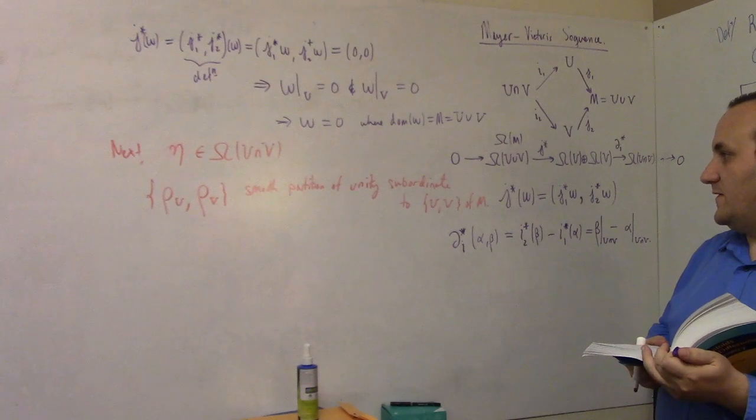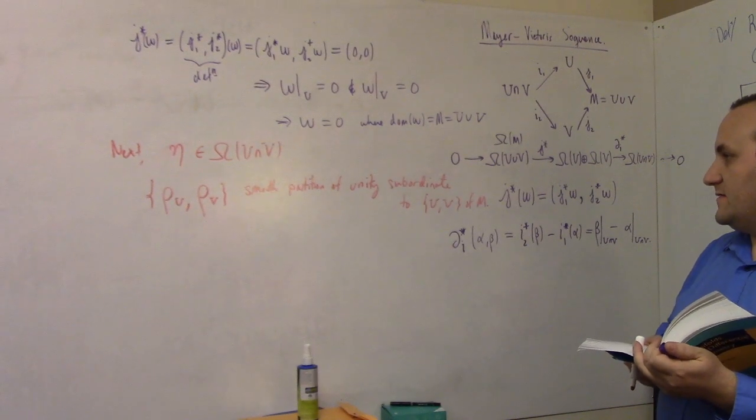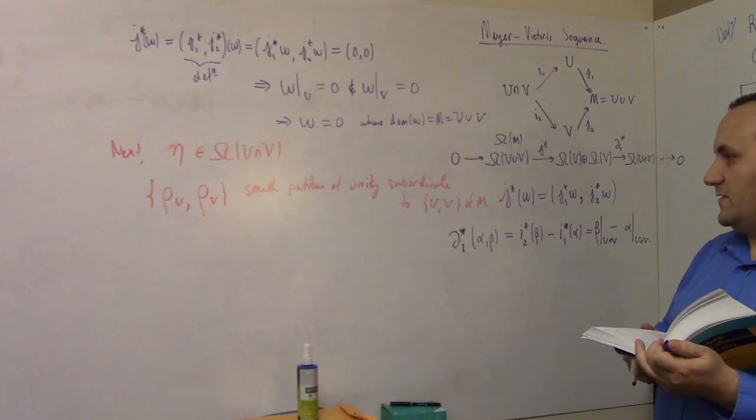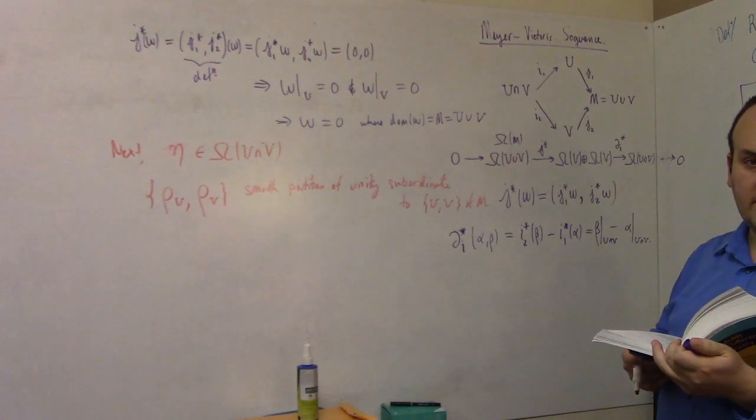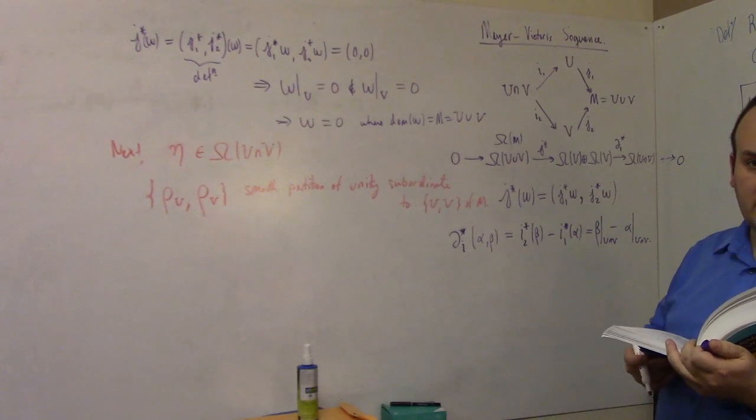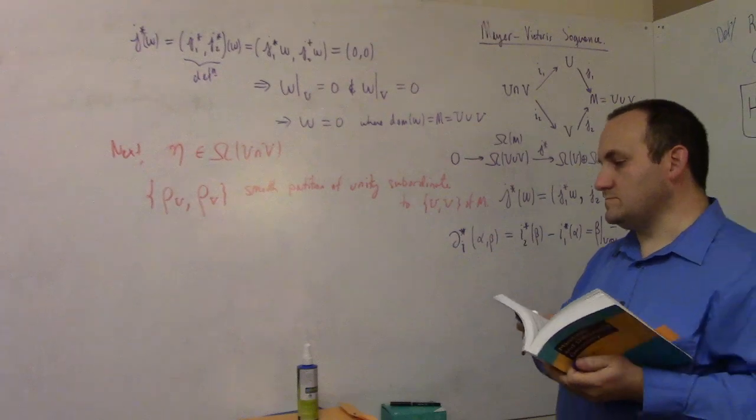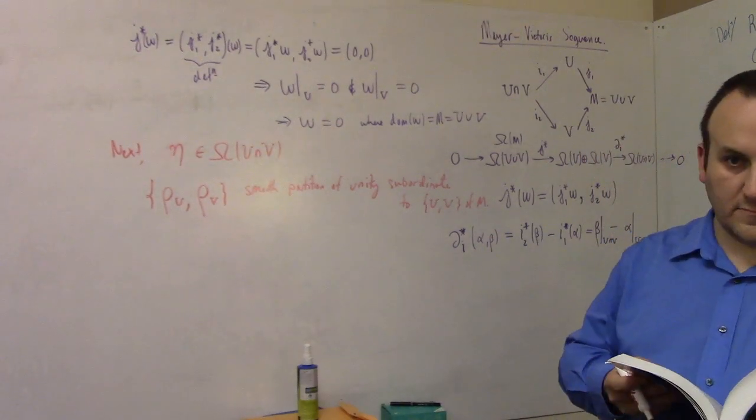Well, these are two functions that add up to 1 wherever they overlap, if I remember right. Yeah, I remember we talked about it in Rentland, but didn't define it very well.